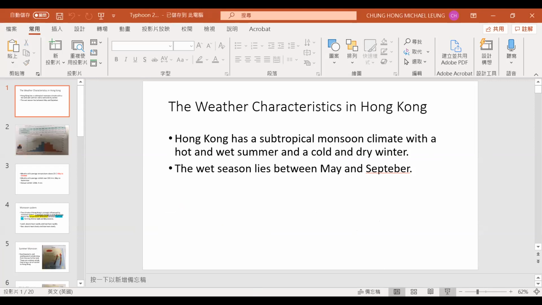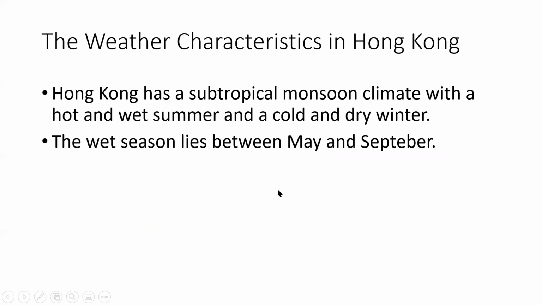Okay, it's the weather characteristic of Hong Kong. Now Hong Kong has a subtropical monsoon climate. The subtropical means 亞熱帶. Tropical means hot region. Subtropical means slightly above the tropical region.